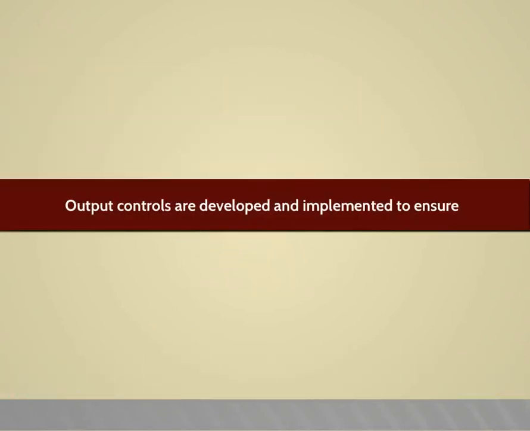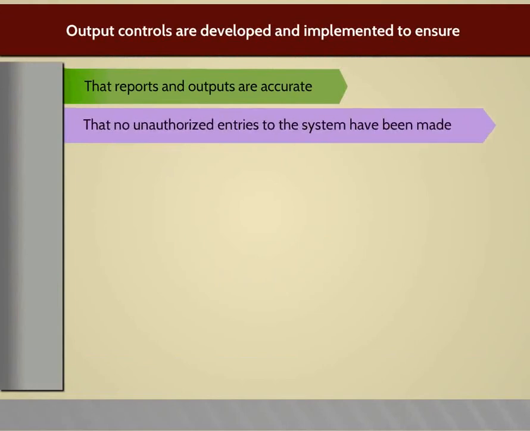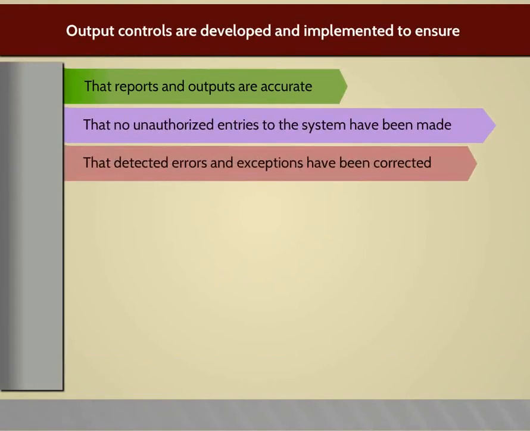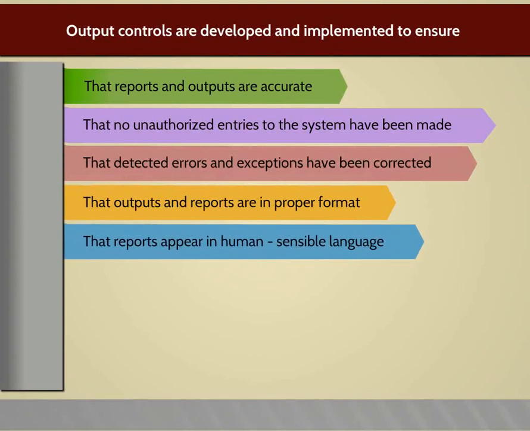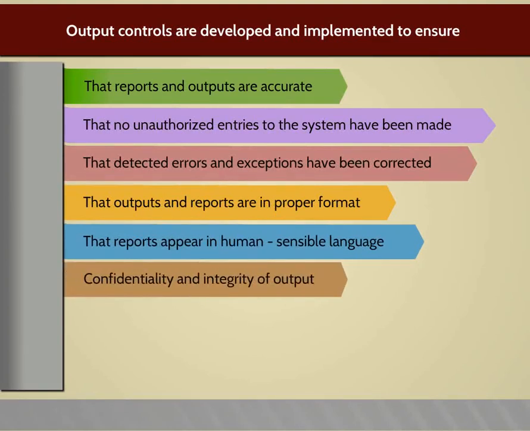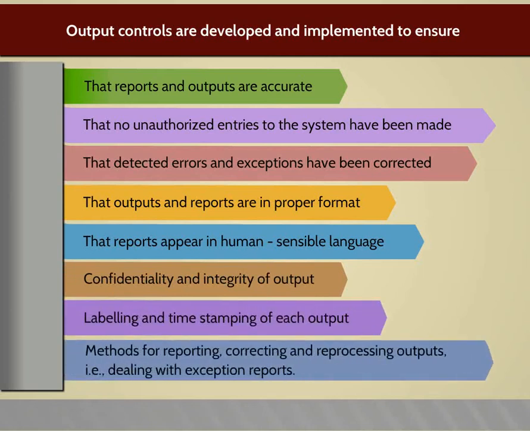Output controls are developed and implemented to ensure that reports and outputs are accurate, that no unauthorized entries to the system have been made, that detected errors and exceptions have been corrected, that outputs and reports are in proper format, that reports appear in human sensible language, confidentiality and integrity of output, labeling and timestamping of each output, methods for reporting, correcting and reprocessing outputs, that is, dealing with exception reports.